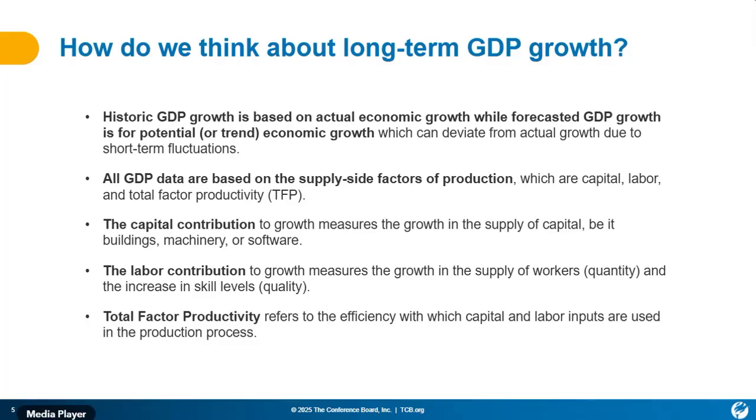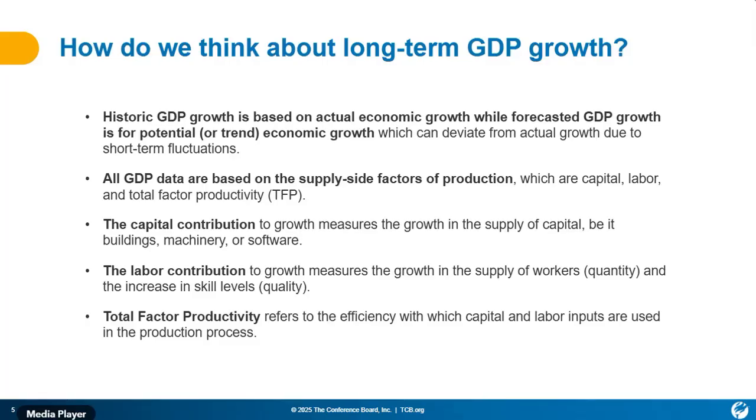Also, we use something called a supply side framework in developing all this. As you probably remember from econ classes in college or high school, GDP equals consumption plus investment plus government expenditure plus net exports. That's called the expenditure method. There are other ways to calculate it too, including the supply side method, where we're looking at inputs into economic activity from labor, from capital, and from something called total factor productivity, or TFP.